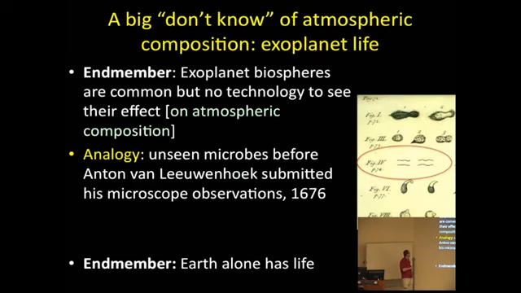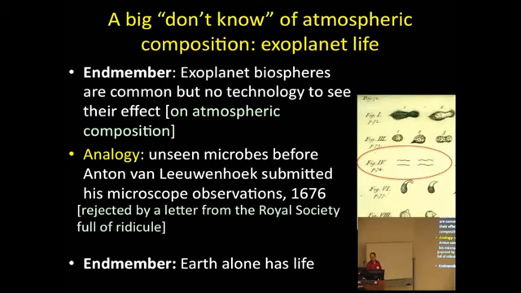And an analogy might be microscopic observations, like the first ones done by Anton van Leeuwenhoek. Here are his diagrams, the first person to see microbiology, whereas previously it was completely unknown, and maybe exoplanet life is like that.